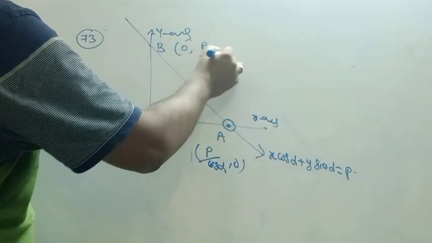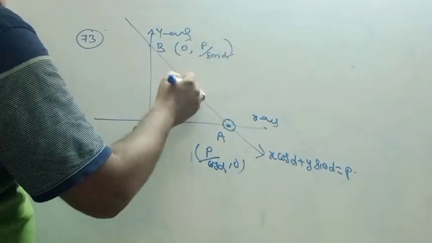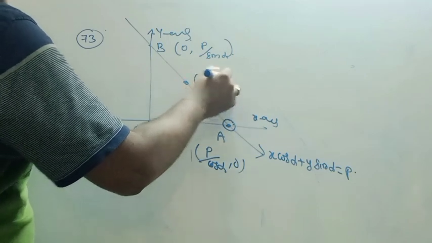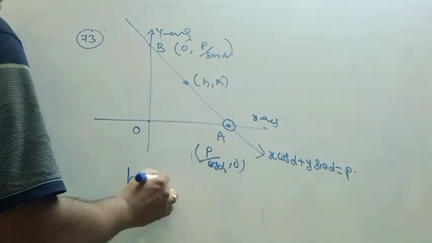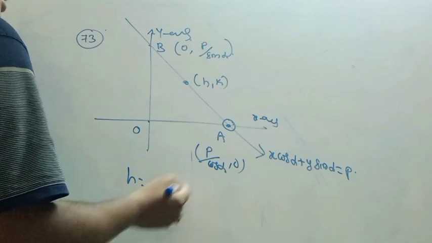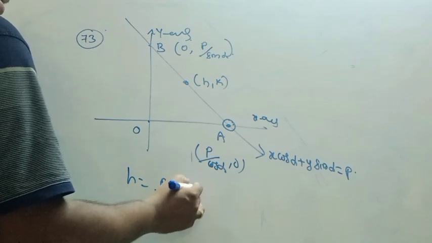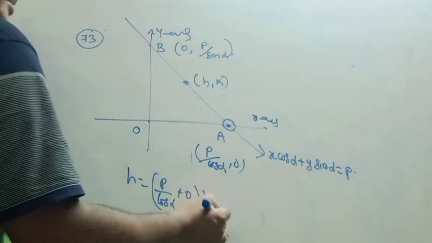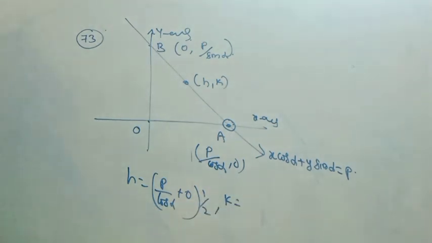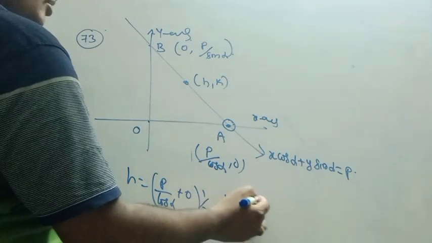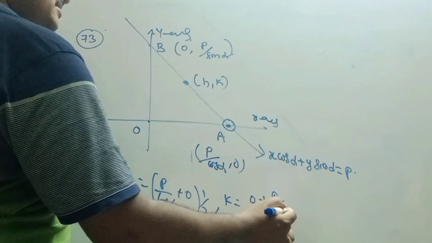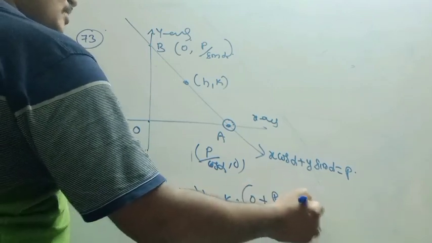Now take the locus of the midpoint (h, k). h is (p by cos alpha plus 0) into 1 by 2, and k is (0 plus p by sin alpha) into 1 by 2.